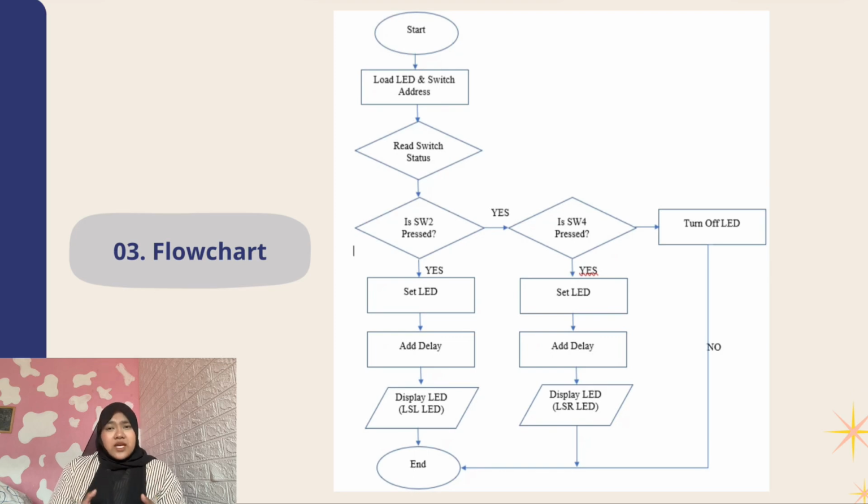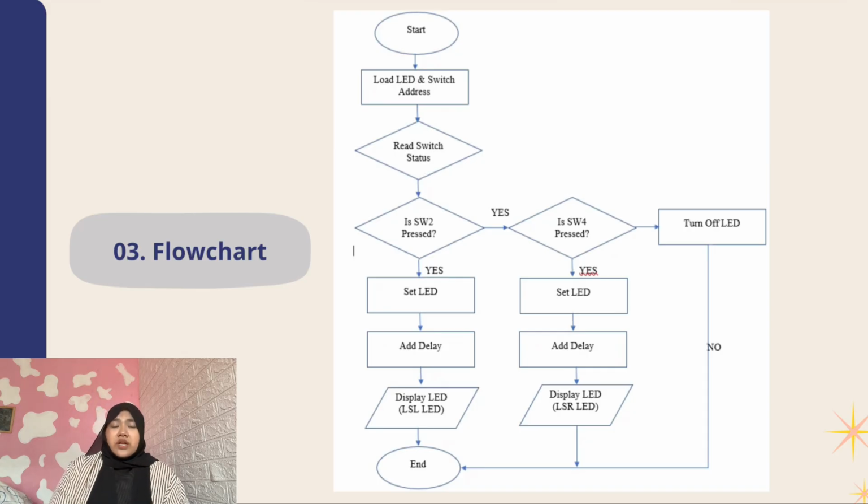This tells the system exactly where the hardware lives in memory. Right after that, it goes straight into read switch status, meaning it's constantly listening to see if a user is interacting with the switches. From there, we hit our main decision point, and the system branches out depending on what the user does. First, it checks: is SW2 pressed?